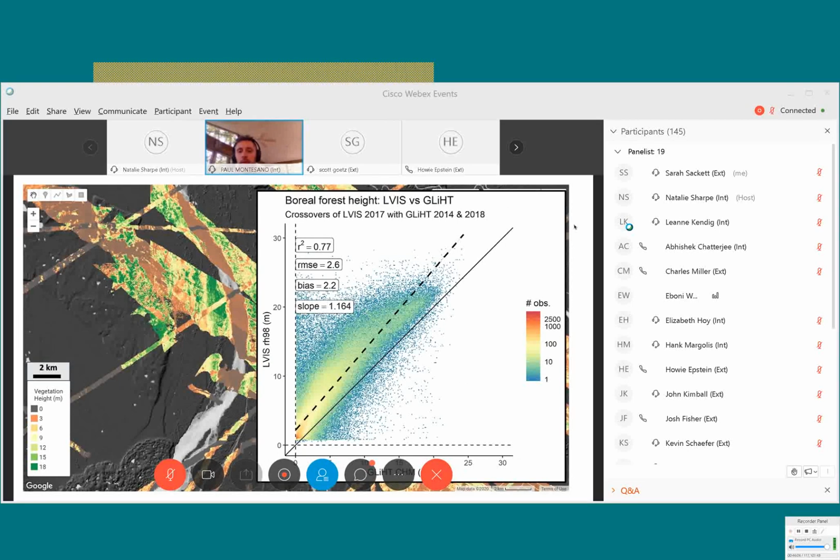So a number of us in the working group have started looking at the relationship of this gridded GEDI data with G-LiHT. So that's what we're looking at here. We're looking at the relationship of the GEDI relative height, the 98th percentile relative height metric, versus the G-LiHT canopy height model. And so you're seeing a little bit of difference, and that's because there are two different data sets, so it's good to understand that.